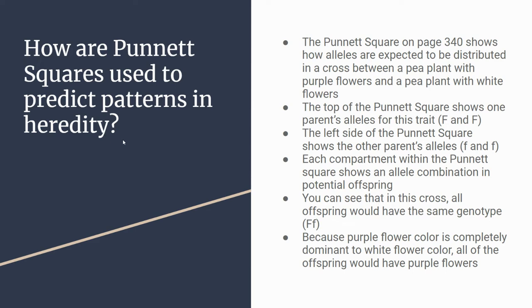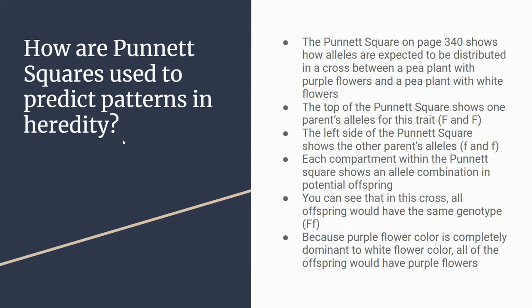Okay. Anyways, moving on. So you can see that top plant is the true breeding purple flowered pea plant. You can see that your parent on the left there is the true breeding white flowered pea plant. It only has the lowercase f's. That's all it has.